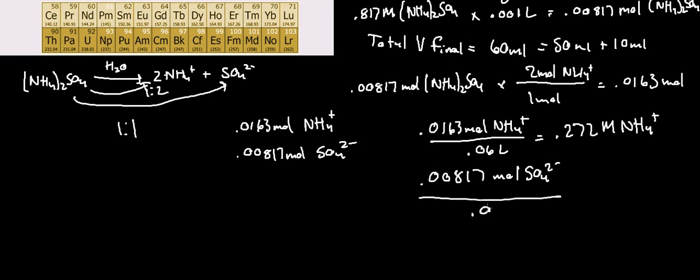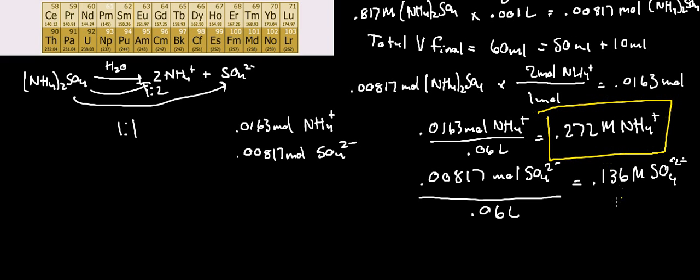And again, it's the same amount of final solution. 0.00817 divided by 0.06 is 0.136 molar SO4 2-. And these are the final concentrations.